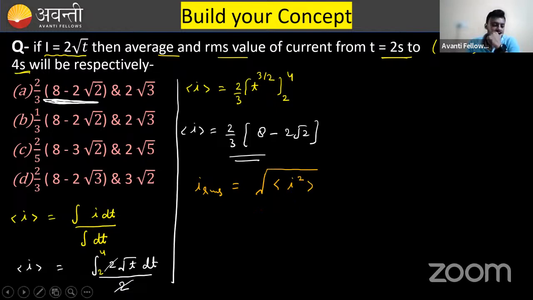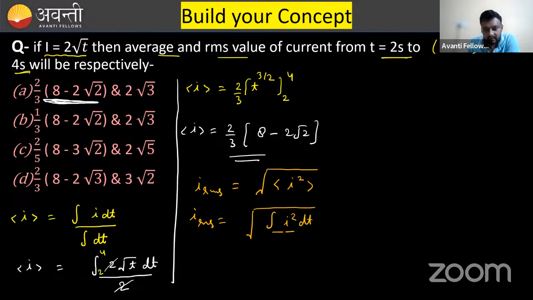This is what we can say IRMS. Now it can also be written as IRMS is equal to the root of integration of I square dt divided by the time period. Now you can put the values.